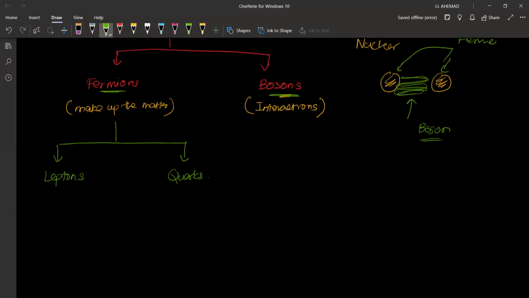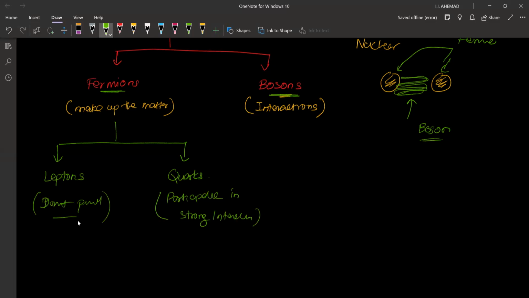Quarks are those who participate in strong interaction. And leptons do not participate in strong interaction.